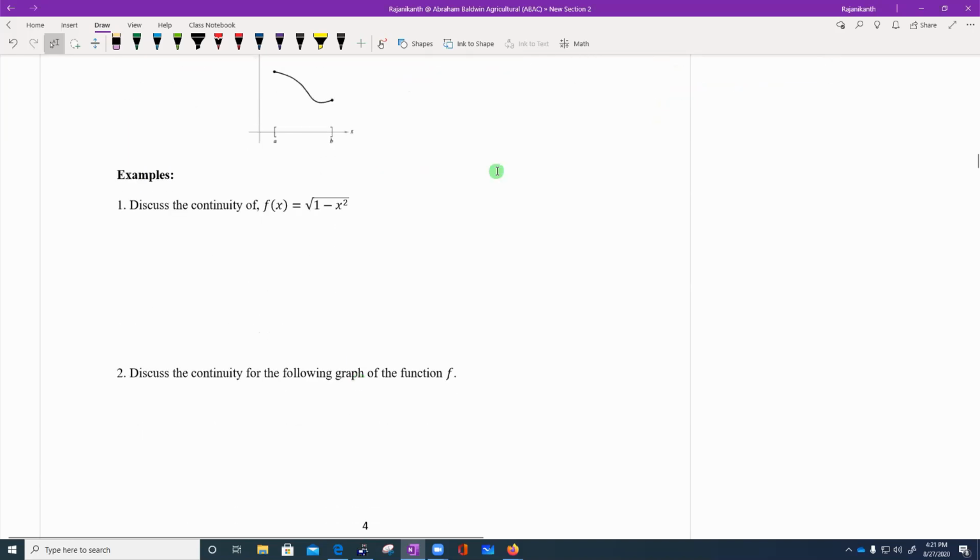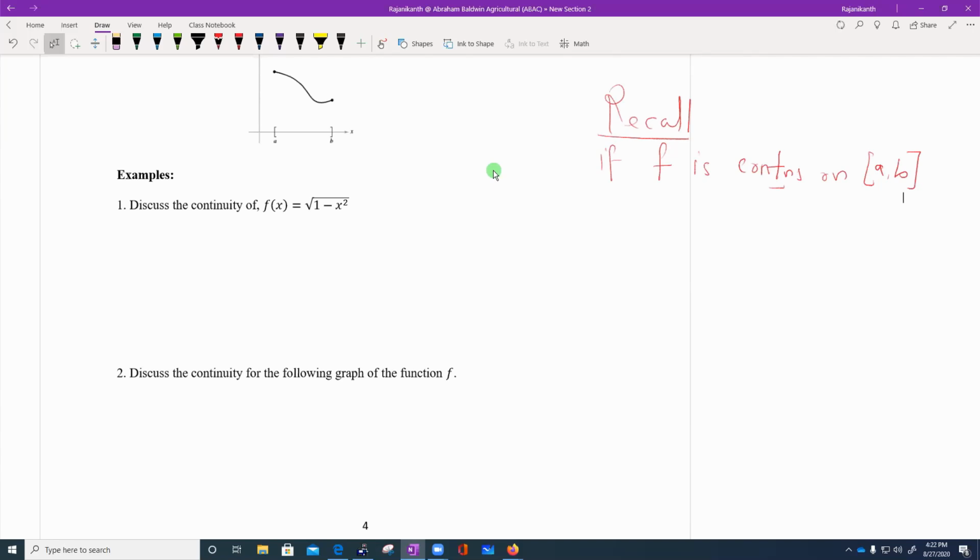Remember now, I'm writing here one more time. If a function is continuous, it should satisfy three things. If function f is continuous on [a, b], right?